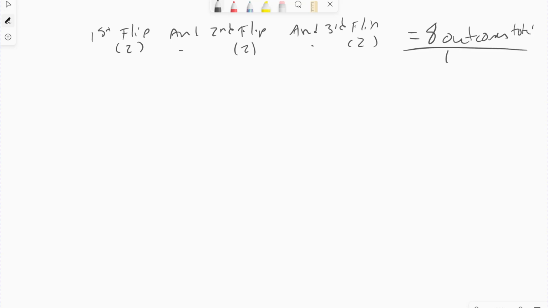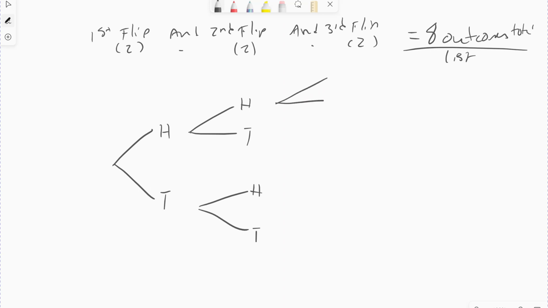All right, I'm going to list them, and I'm going to use the tree. The first flip could come out heads, tails. The second flip can also come out heads, tails. And the third flip can also come out heads, tails. So again, those are all the branches. And so if you list them out, if you count, there are 8 outcomes.